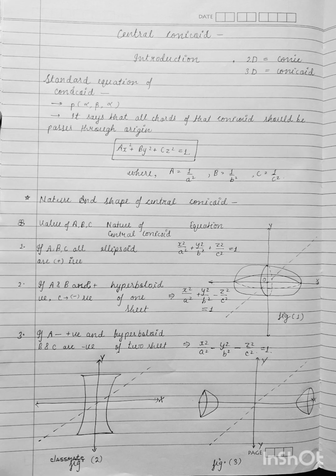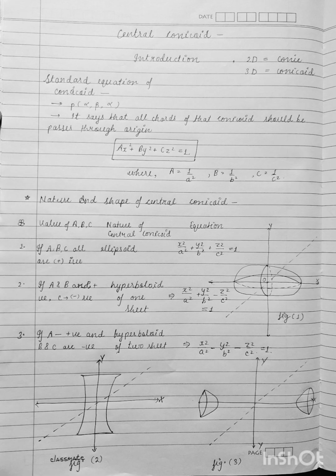Thirdly, if A is positive but B and C are negative, then the nature of the central conicoid is the hyperboloid of 2 sheets. That means it has the equation x square upon a square minus y square upon b square minus z square upon c square is equal to 1.